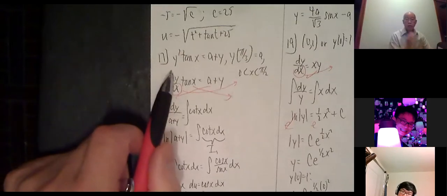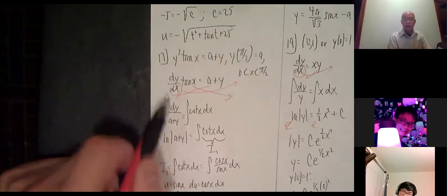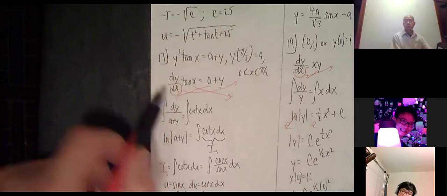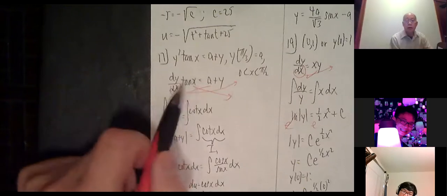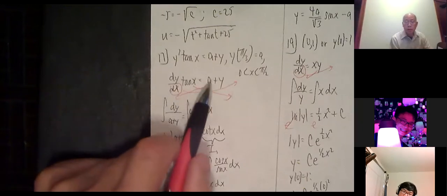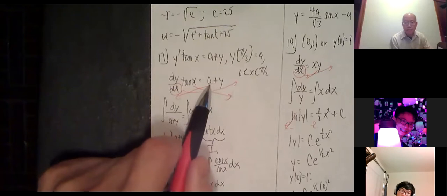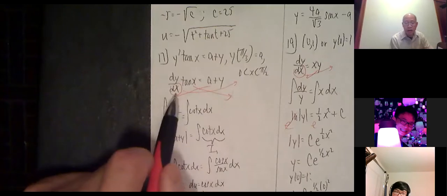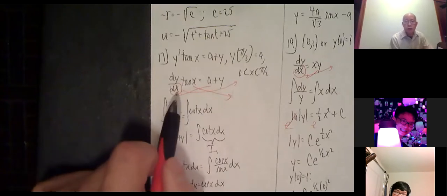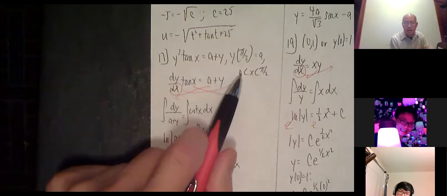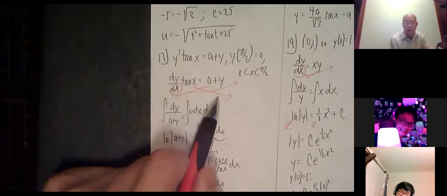All right, so y prime, make it dy dx. And by the way, a is just a constant. So divide by a plus y, multiply both sides by dx, and divide by tan x.